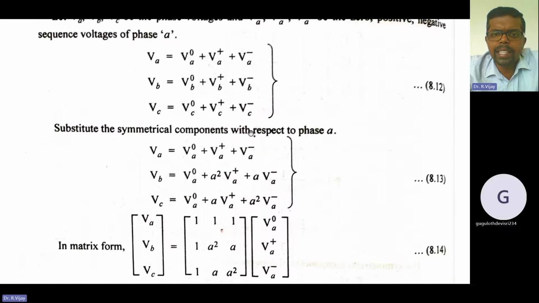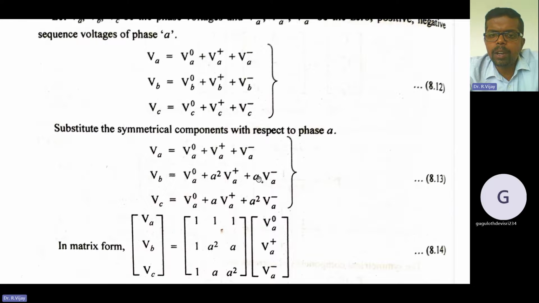Now what we are doing is converting the same thing into A components. So VA is equal to VA naught plus VA plus VA minus. Here VB is equal to VA naught plus, as in the phasor diagram, VB positive is nothing but 240 degrees of VA plus, so A squared into VA plus.